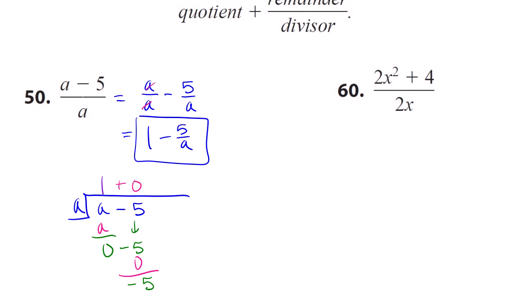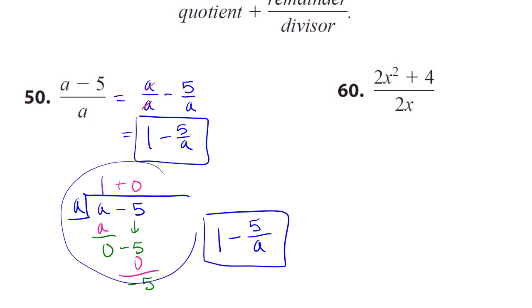Then our quotient, 1 plus 0, is just 1 when we write our answer. Then we put our remainder, plus negative 5. Plus a negative is a minus, so minus 5 over our divisor, which is a. So I could write it that way. I could work it out with long division as well.